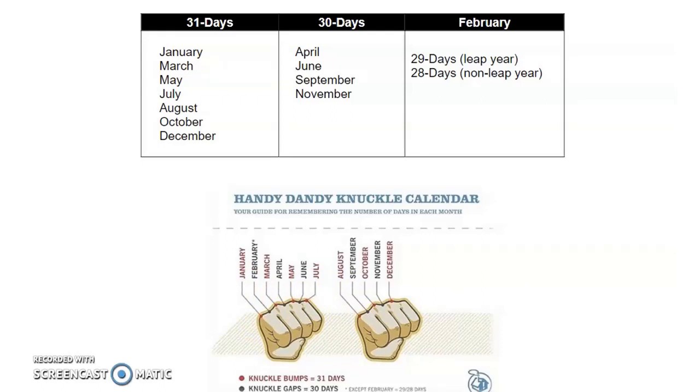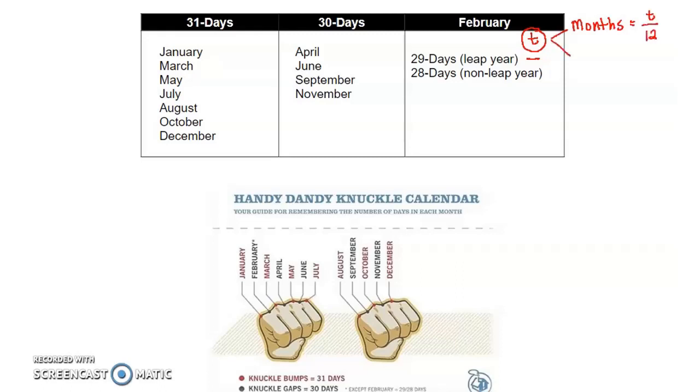Now look at how to determine whether a particular year is a leap year or non-leap year. Why do we need to know that? Because later in the calculation of T, recall the interest formula, T must be in years. If we have months, how to convert to years? We divide by 12.